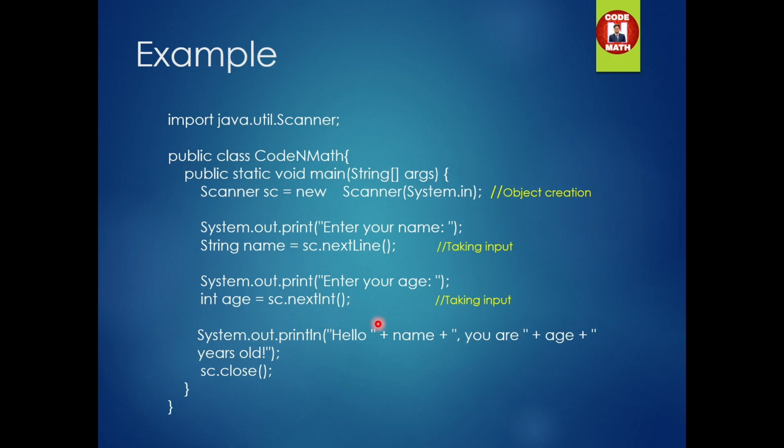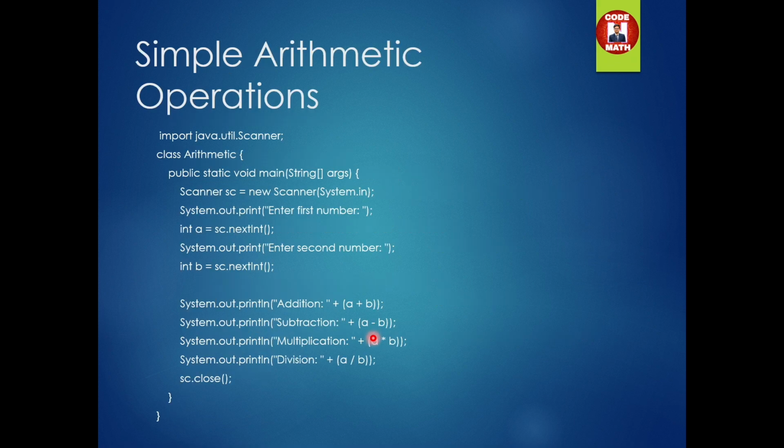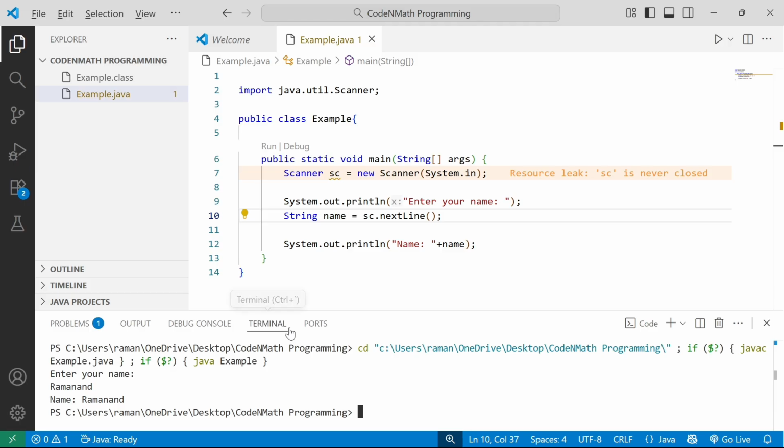And we have seen how we can take the input from the user. So in the next slide we can see that we can perform some simple math operations, like we can again import this kind of class, and then we can take the input as an integer. Let us see one more example.